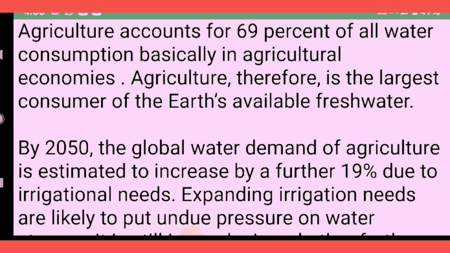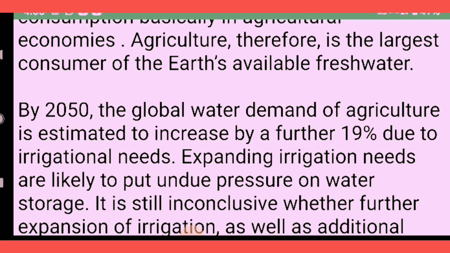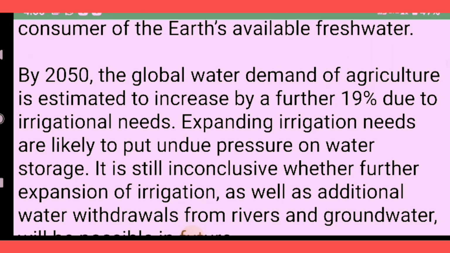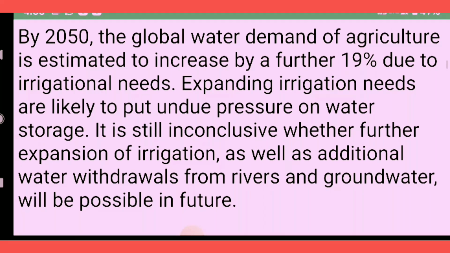By 2050, the global water demand for agriculture is estimated to increase by a further 19% due to irrigation needs. Expanding irrigation needs are likely to put undue pressure on water storage.